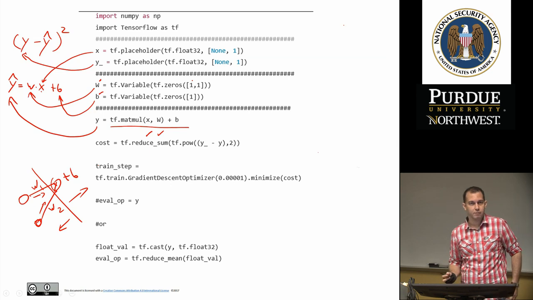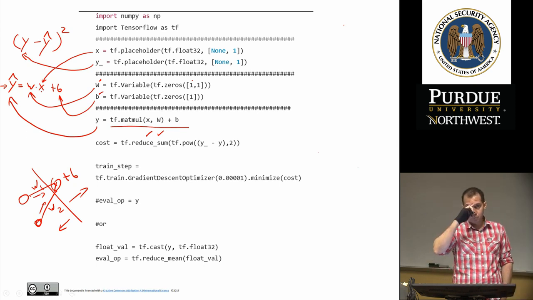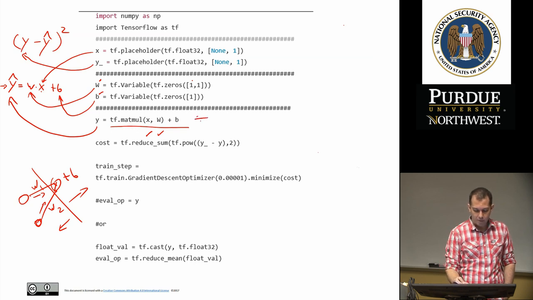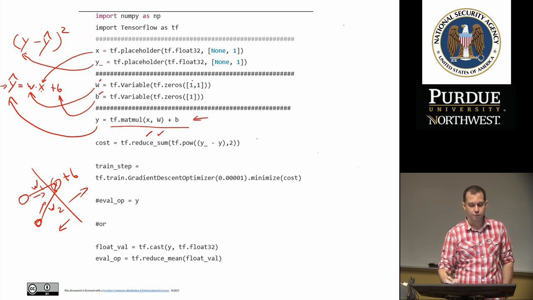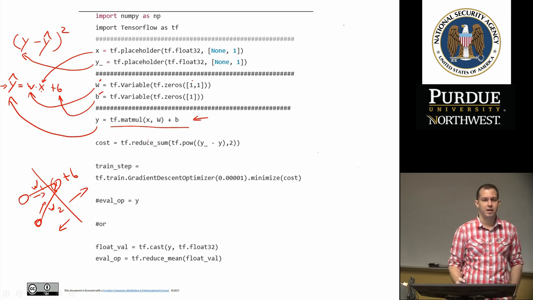And so just like we would write this equation on the board and on paper, we also have the ability to write the equation in TensorFlow exactly as it is. All right? So once we've defined that equation, we've basically defined the model.